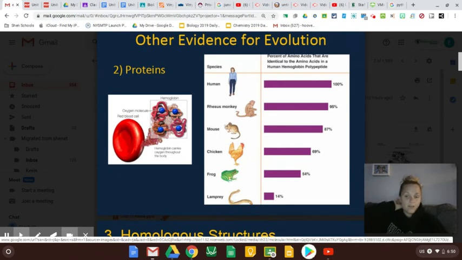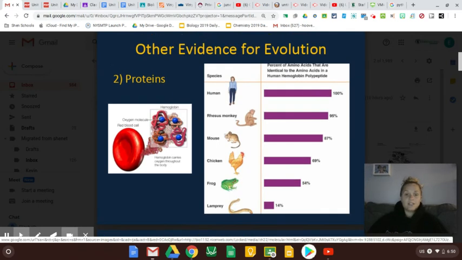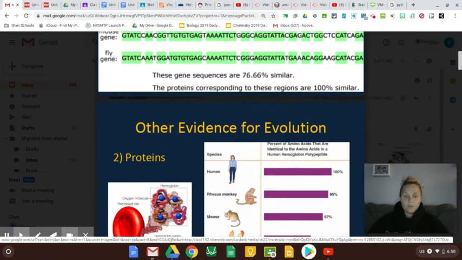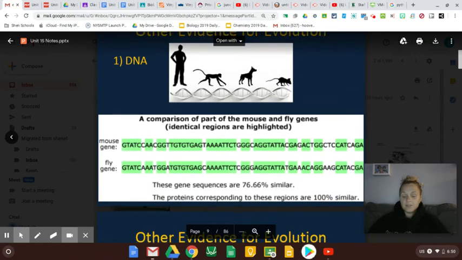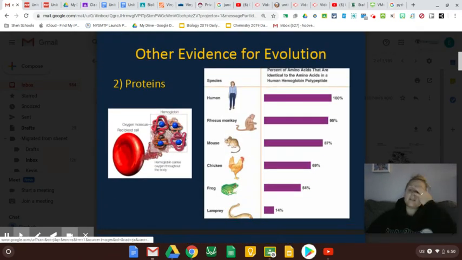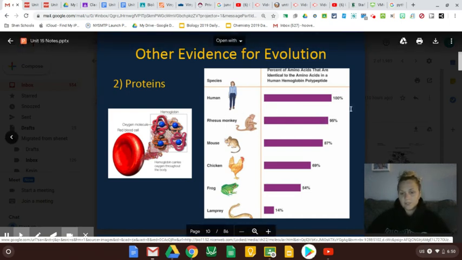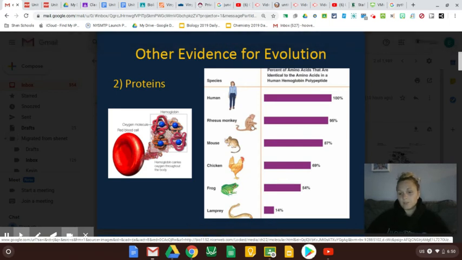Another piece of evidence for evolution is our proteins. So besides comparing DNA and seeing a lot of similarities, we can also compare the proteins that we have. So humans and rhesus monkeys have 95% of their proteins exactly the same as ours, indicating that we do have a relationship.